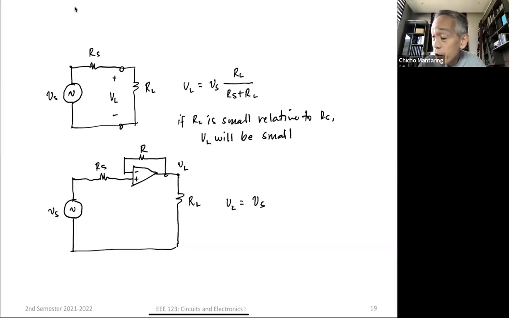Yung voltage ko ngayon across my load will be the full value of V of S. Hindi kagaya dito na nung kinabit ko yung load, walang buffer, biglang lumiit yung value ng voltage ng V of S as seen by the load. In effect, the portion of V of S that will now be across the load will become very small as opposed to this. So that's the purpose of a buffer.